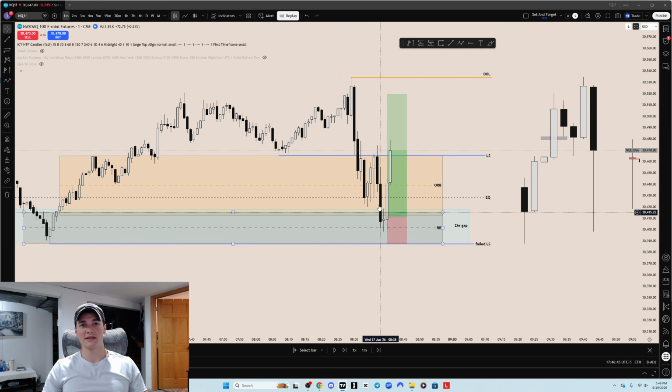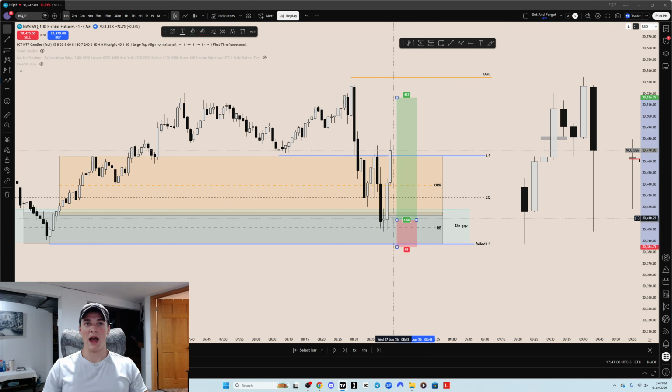And the second price tapped into the 50% point of our rejection block, I wait. Because a lot of people with rejection blocks enter right off the tap. So right after this tap right here, they're already in the trade. I don't like to do that. I like to wait for price to tap into it, another candle to close respecting it, and then a candle to open and flip bullish.